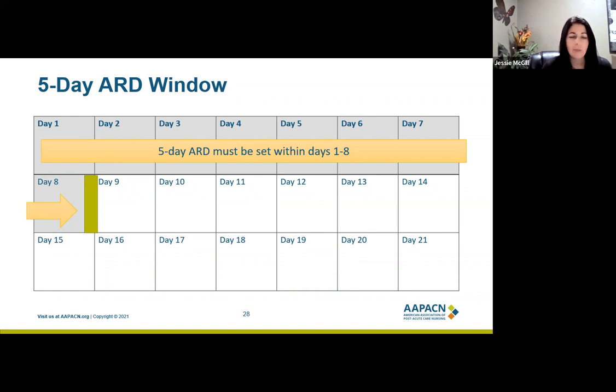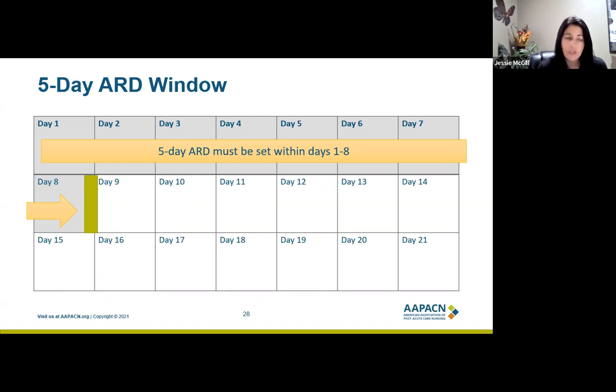Anything that happens before that wall, that strict time frame, whenever you're within day 1 through 8, you can really adjust and move this ARD. You have a lot of flexibility with this 5-day ARD. So when I'm physically within those days of days 1 through 8 through that Medicare stay, I can move my ARD to day 3. I can move it out to day 6, out to day 8, back to day 6. I can move it around as much as I want, as long as I'm within days 1 through 8.